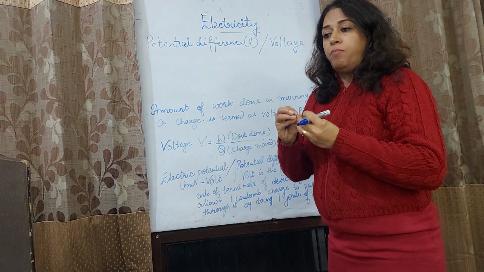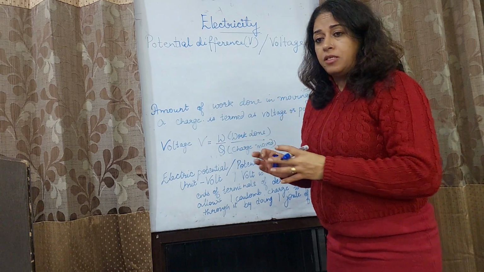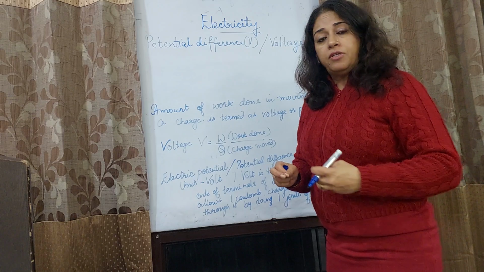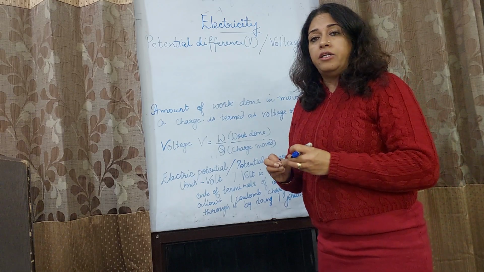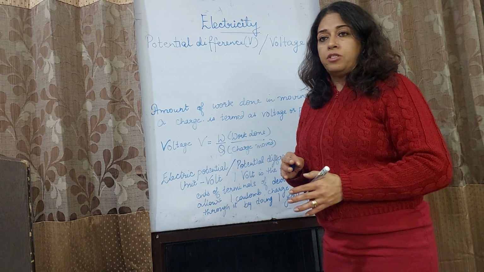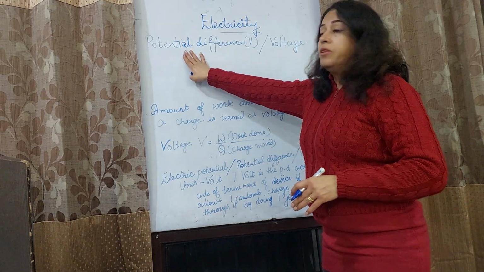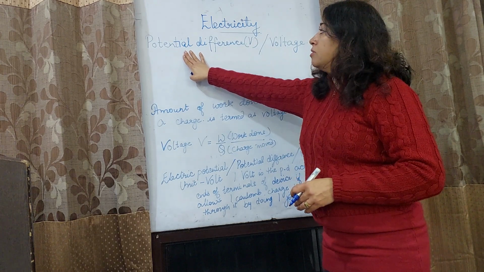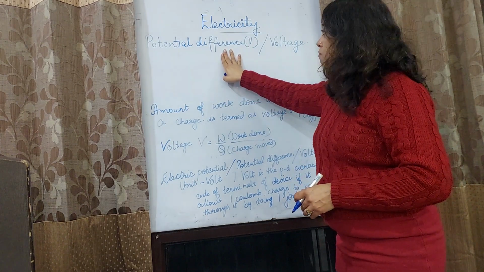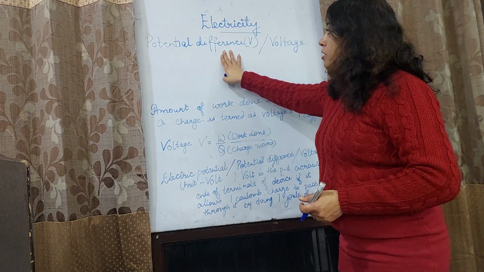We have a negative terminal where electrons are in excess, and a positive terminal where electrons are in deficit. So electrons tend to flow from the negative to the positive terminal, and the electric potential difference between the terminals is termed potential difference. We also call it voltage.